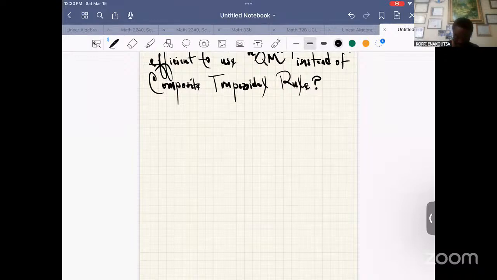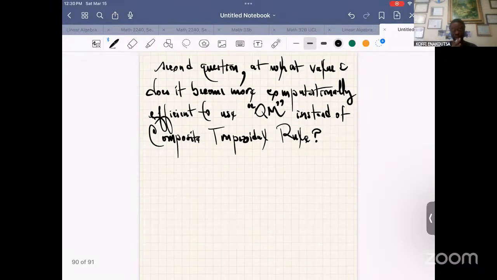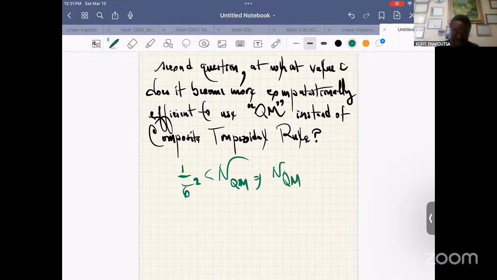Because look, if we suppose that tau is 10 to the power negative 4, we want to use the answer from the previous part. Let me remind you, the previous part states that 1 over tau squared is smaller than the number of grid points required in the quadrature methodology. So NQM will be greater than 10 to the power 8.